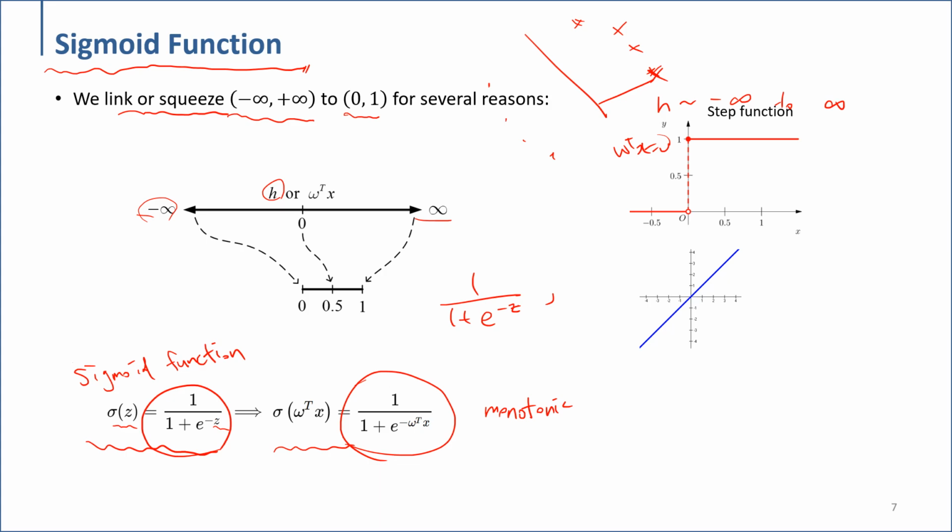One of the reasons for using the sigmoid function for logistic regression is that we're going to use some weight of the distance. When you just use a step function like this, similar to the perceptron, we're just measuring the sign of omega transpose x.